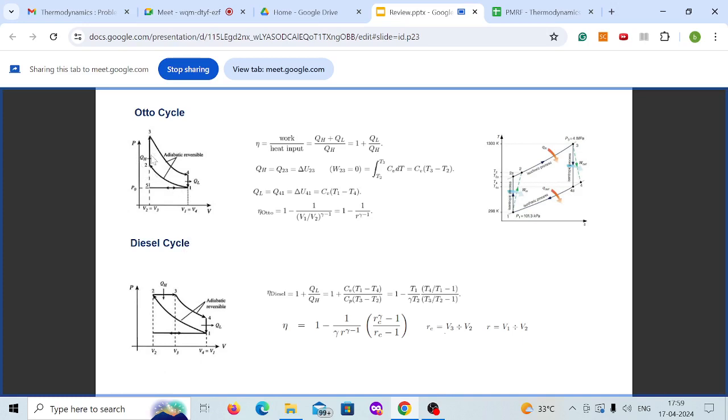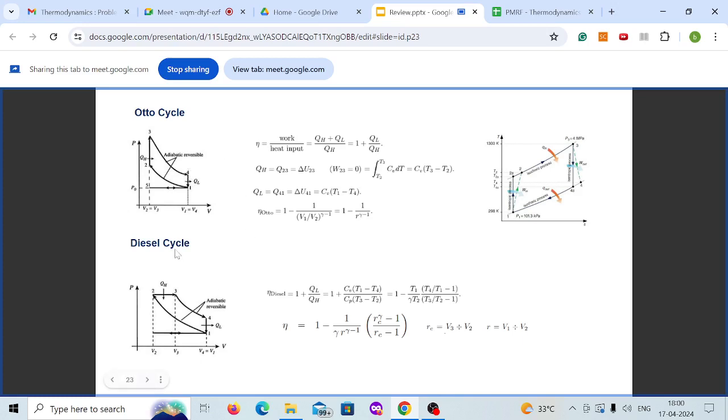Then 2 to 3 is constant volume heat addition, and 3 to 4 is again reversible adiabatic or isentropic expansion, and 4 to 1 is heat rejection, which again occurs at constant volume.